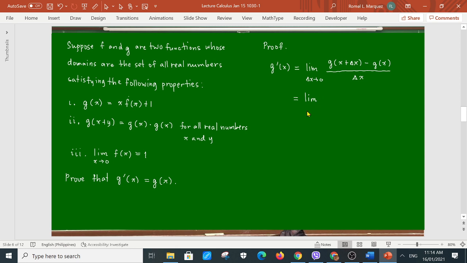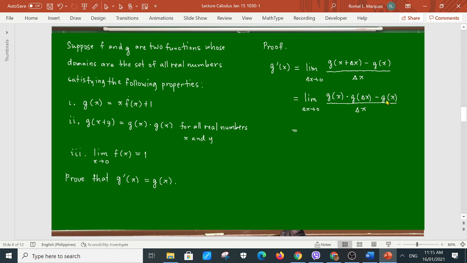Let's manipulate that, applying the properties stated in the problem, the properties of f and g. This is g of a sum, but there is a property for g of a sum. So g of a sum can be expressed as a product of functions: g of the first number in the sum times g of the second number in the sum, delta x. So delta x is my y, minus g of x, all over delta x.